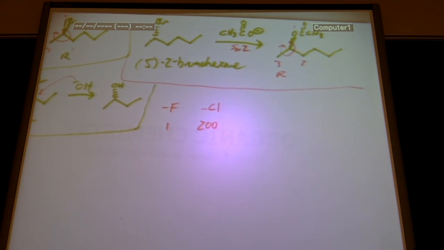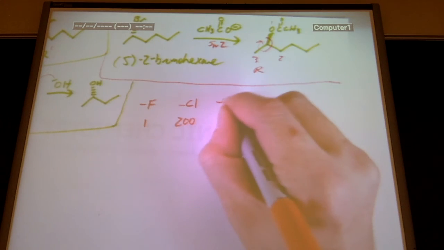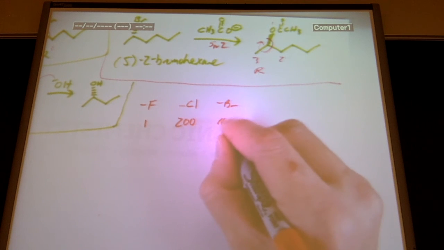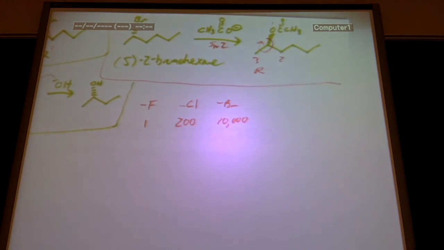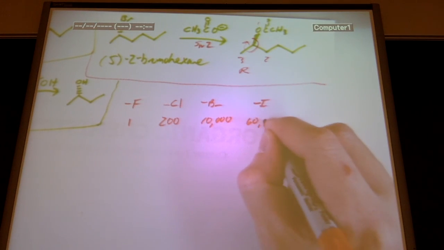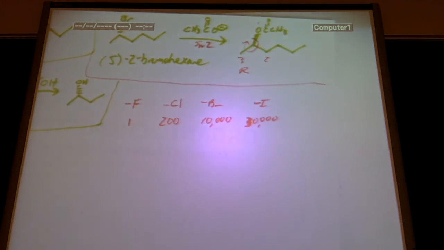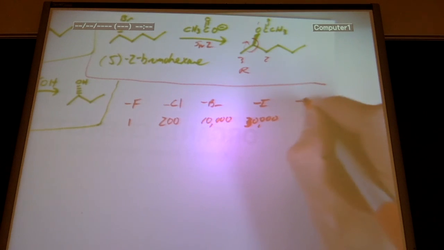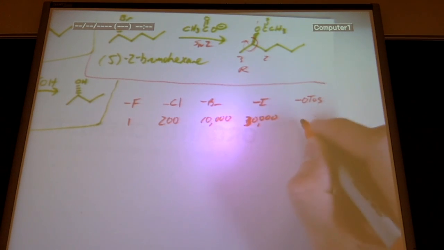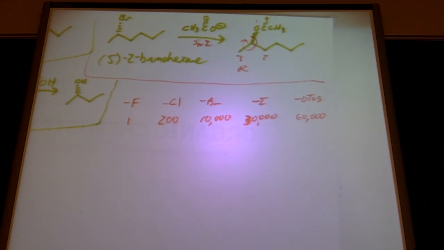Chlorine is 200 times more reactive as a leaving group. Bromine is 10,000 times more reactive than fluorine. Iodine, 30,000 times more reactive. And that tosylate that I showed earlier, 60,000 times more reactive. So it's a very good leaving group.